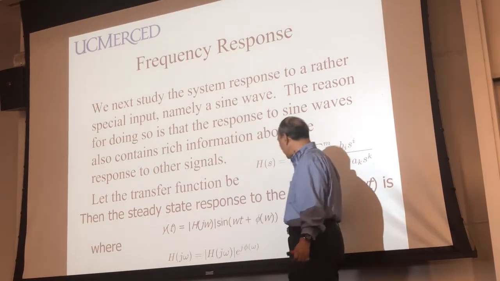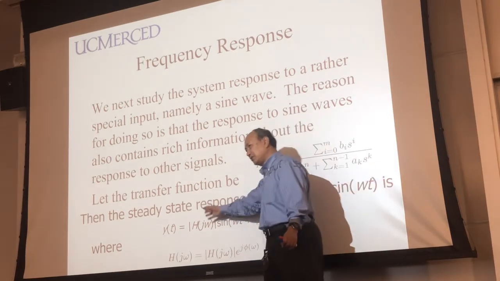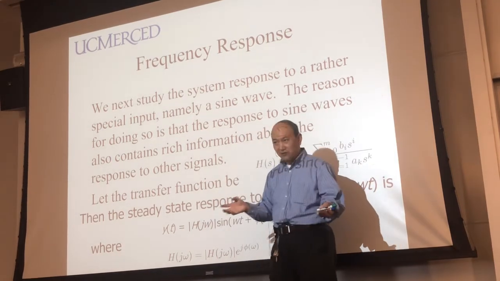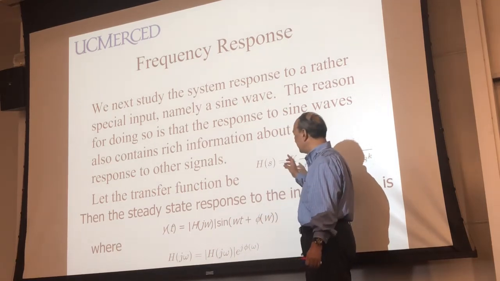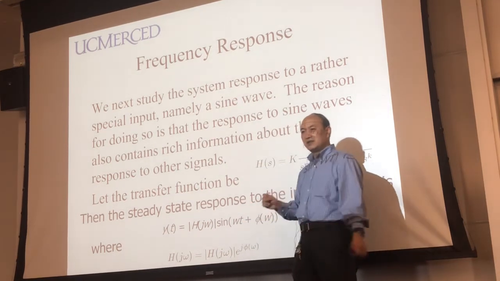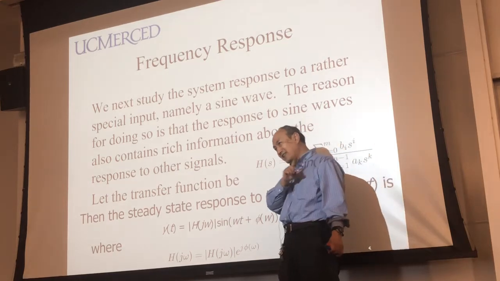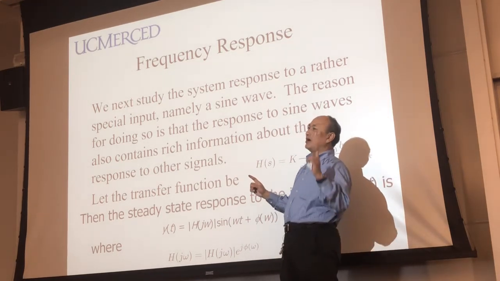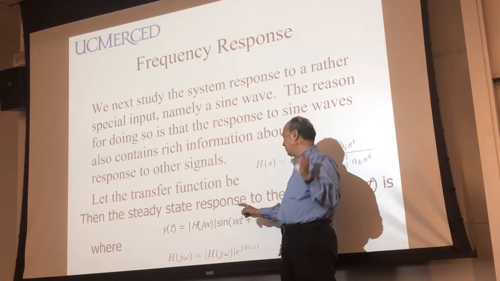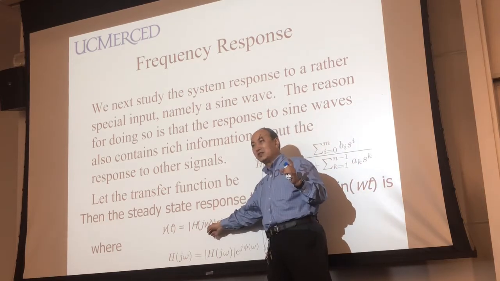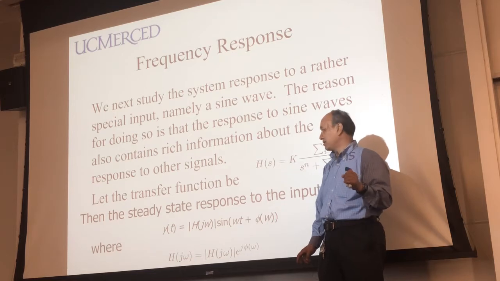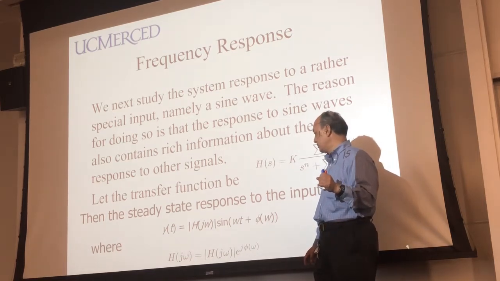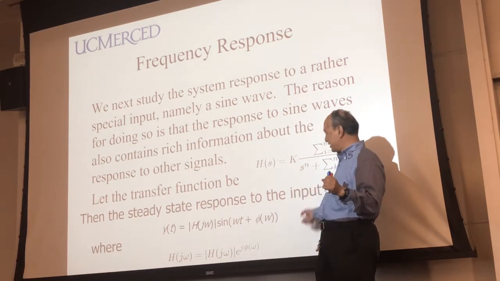The phase and amplitude may be different, and they are functions of your omega. So then I draw the x-axis as omega, and the y-axis as phi or as magnitude. That is called the frequency response.